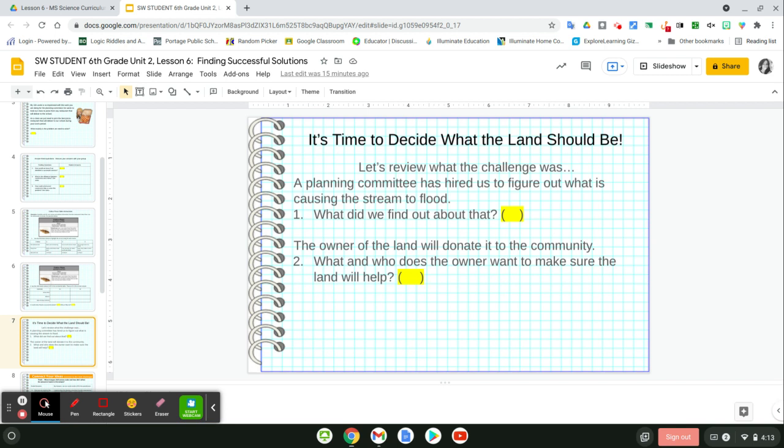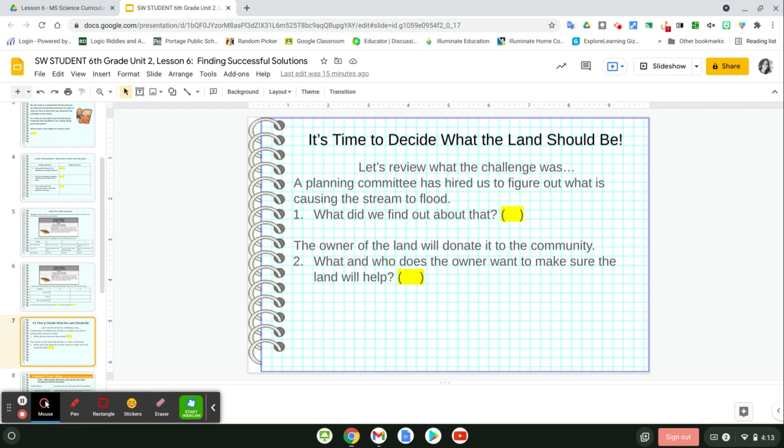When the building was built and torn down and a parking lot was on one side of the stream, we learned that there was a faster pathway of water to the stream, which was causing it to flood. What was causing that faster pathway of water? What was causing water to go more quickly to the stream?